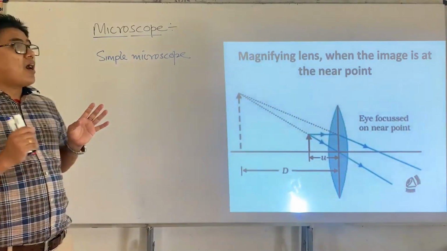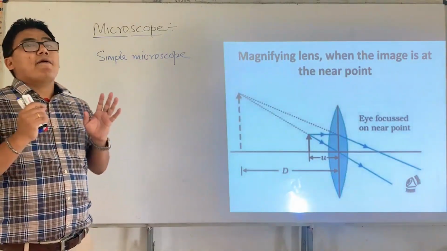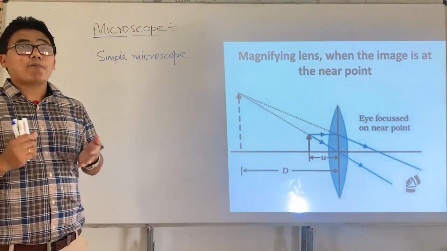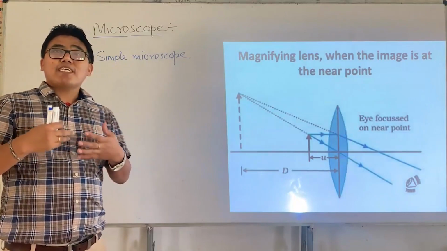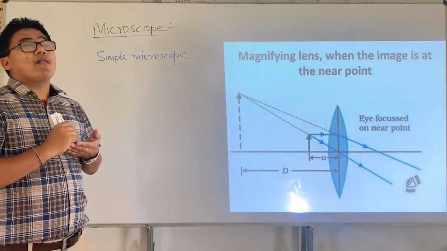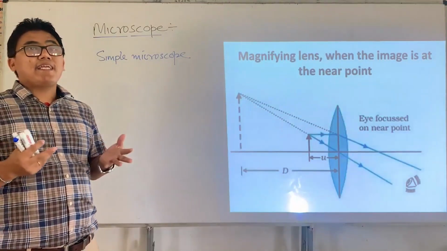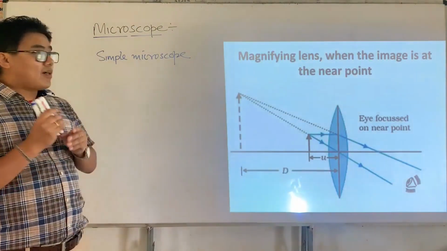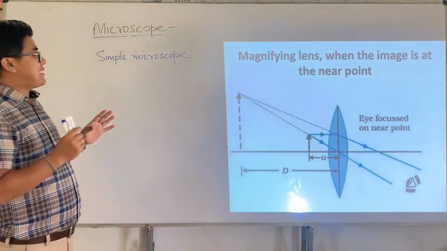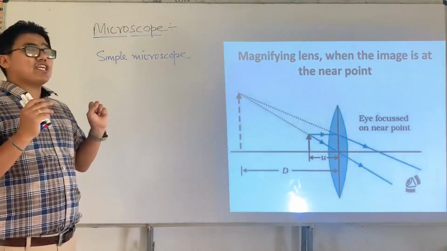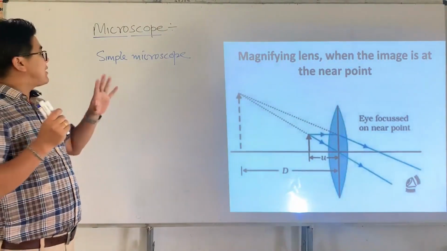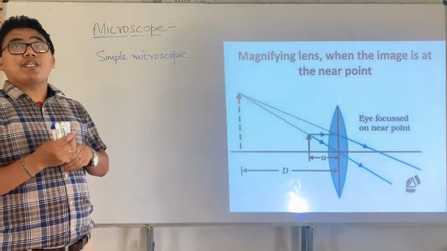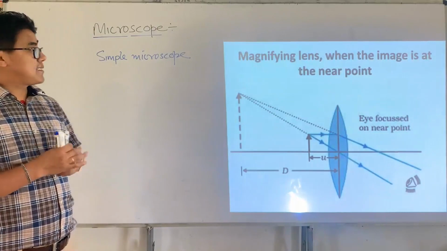This time we will discuss only magnification, because ray optics can explain magnification, however ray optics cannot explain resolving power. So keep in mind, I will discuss only magnification this time, and resolving power we will do in the next chapter, that is wave optics.